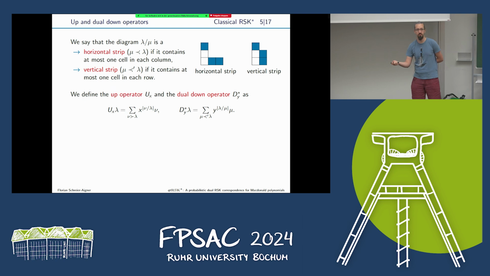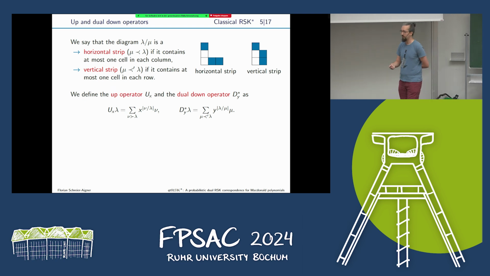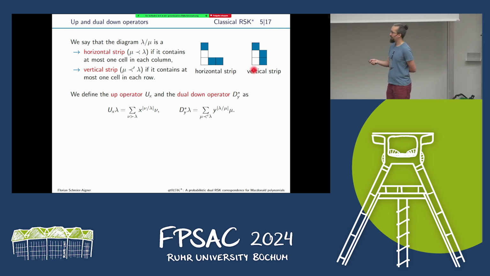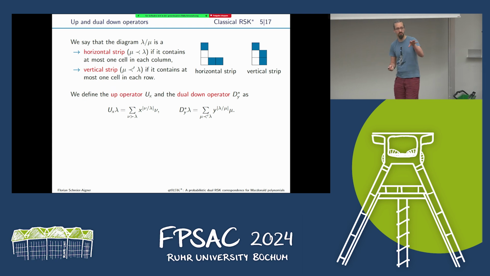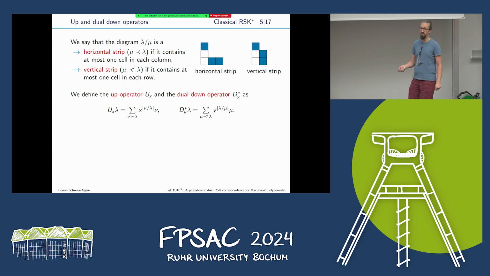And this allows us to define the up and the dual down operator. So the up operator with an indexing variable x applied to some partition lambda is just a formal sum over all nu, which are obtained by adding a horizontal strip to lambda. And each nu is multiplied by x to the number of boxes we added to obtain nu.